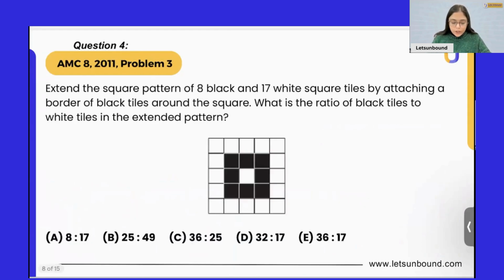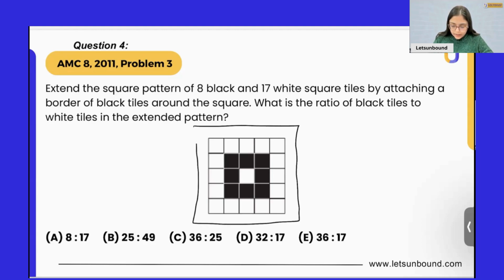Question 4, which is from 2011, problem 3. It says, extend the square pattern of 8 black and 17 white square tiles by attaching a border of black tiles around the square. What is the ratio of black tiles to white tiles in the extended pattern? So we need to just extend one more border of black tiles.